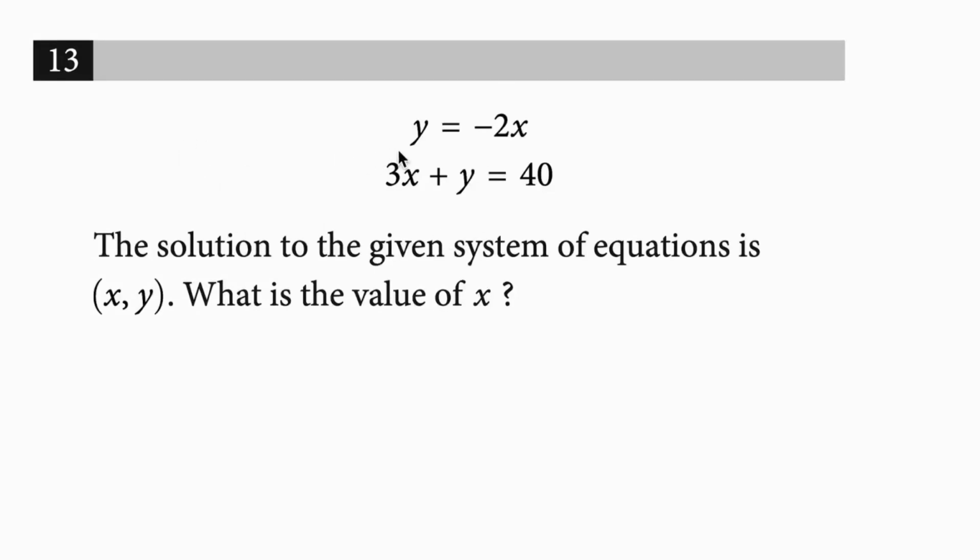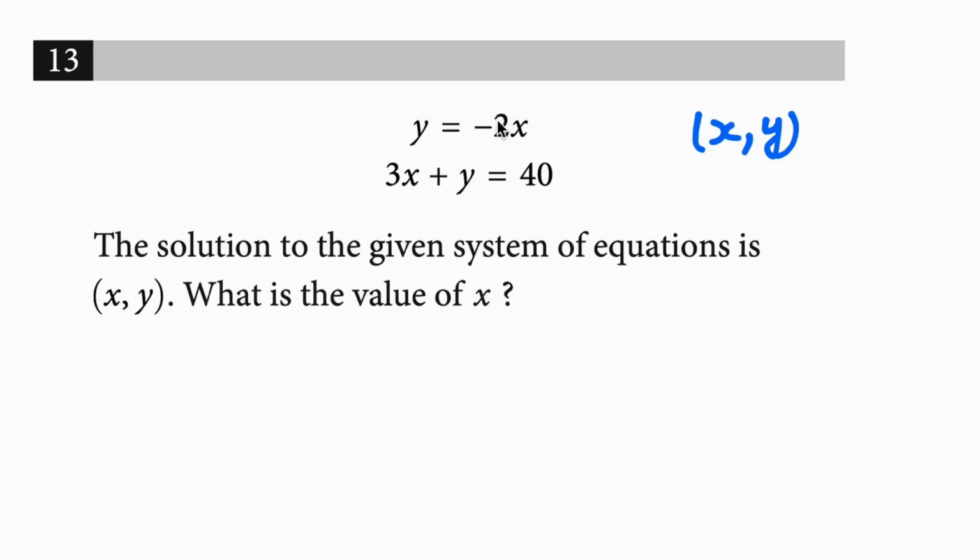Question number 13: y is equal to negative 2x, and 3x plus y is equal to 40. Two equations are given to us. The solution to the given system of equations is (x, y). That means if we solve both these equations, there is a solution set (x, y) which will satisfy both equations, the first one as well as the second one. From that coordinate pair, we have to find the value of x.